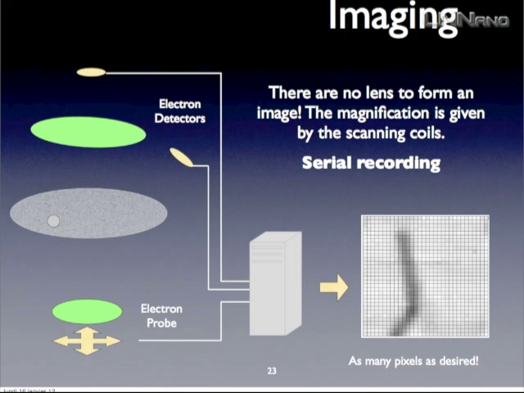But there is, of course, a very interesting feature. You will have a computer and electronics which will drive your probe onto your sample, and at each position of your probe, you will detect some signal, say HAADF and BF signals, but of course you can detect any other signal like electron energy loss spectra, or EDX spectra, or cathodoluminescence spectra, or whatever.